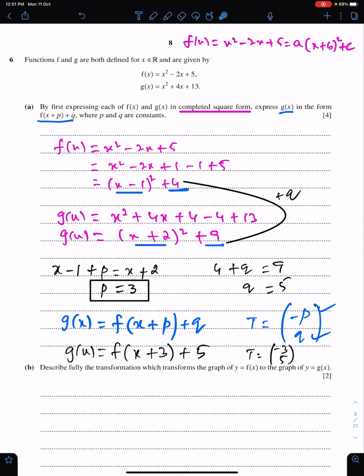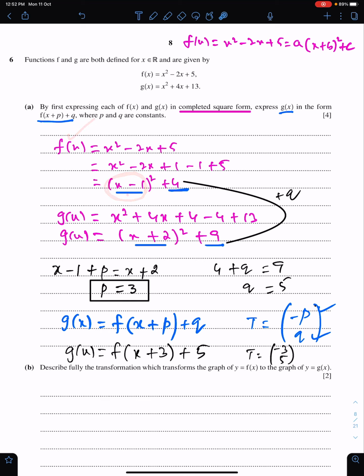First, convert these two into completed the square form, either by using the completed the square method or by using the comparing the coefficient method. Number two, understand this transformation carefully. This is a combined translation with vector minus p and q. To get the value of p, add p to the horizontal component of x.